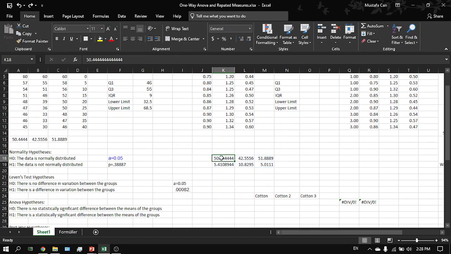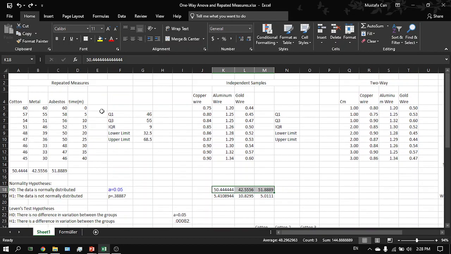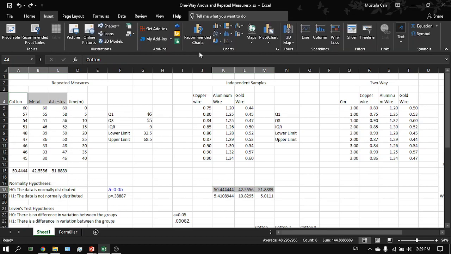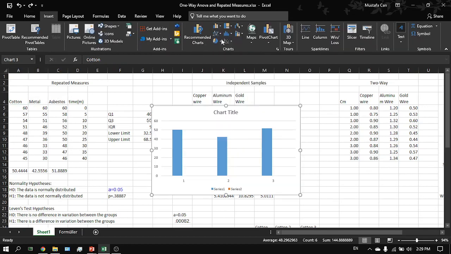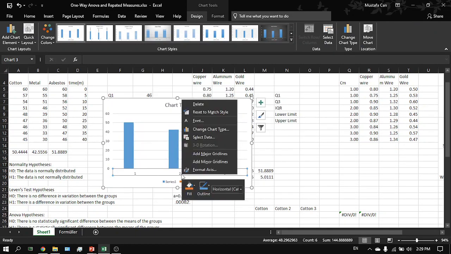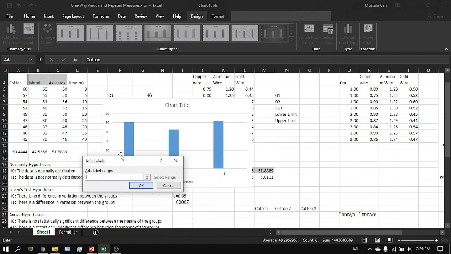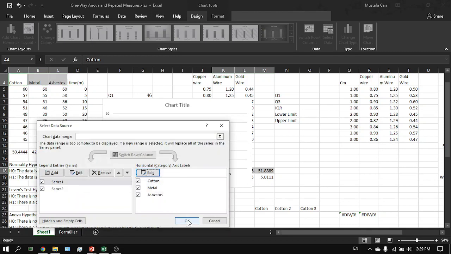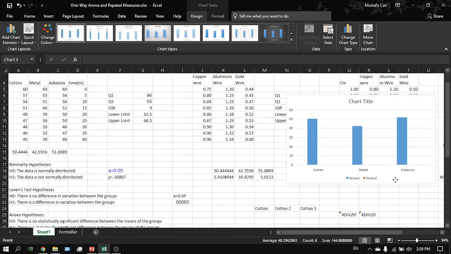Not like that, like this, and I take these as the labels. Insert, and it didn't take these as the labels. That's fine. Select data, edit axis labels. Okay. Now we have those.